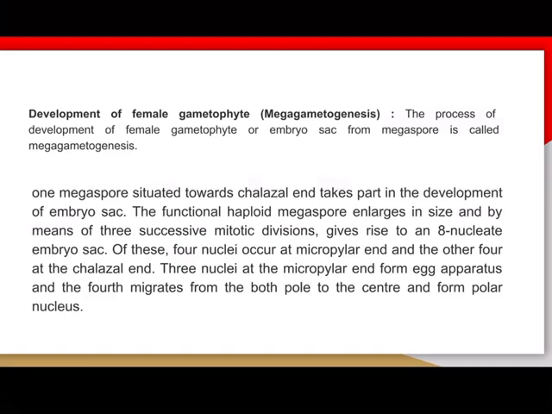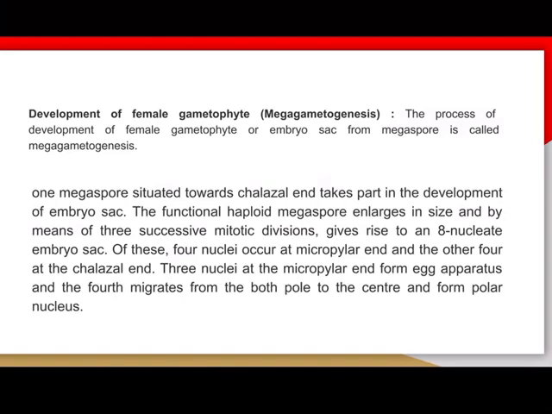The functional haploid megaspore enlarges in size, and by means of three successive mitotic divisions, it produces 8 nuclei inside the embryo sac. 4 nuclei occur in the micropylar region, whereas 4 move towards the chalazal end.